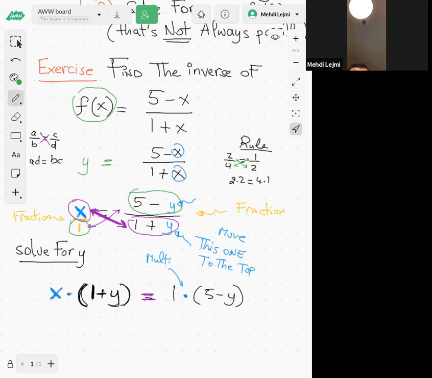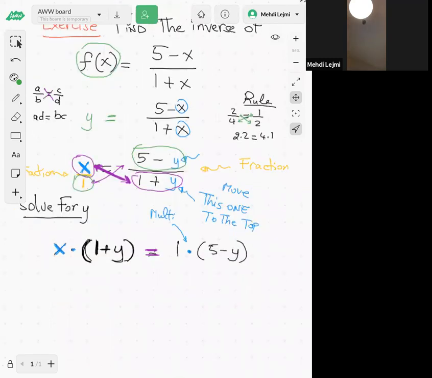Right, and again, guys, why did I cross multiply? Because I want to move the y, which is in the denominator, to the top. Otherwise I won't be able to solve for y. I need all my y's to be in the top. Now I have both y's in the top. That's the good news.